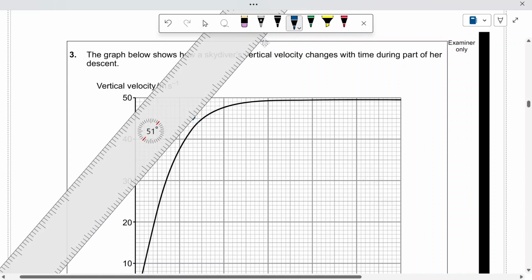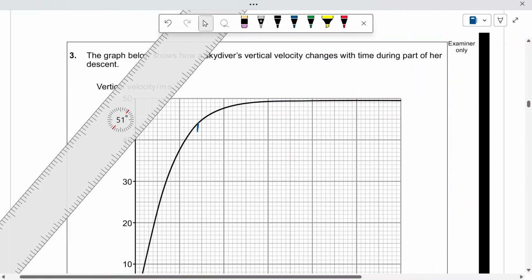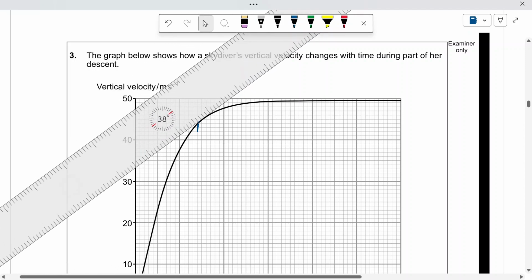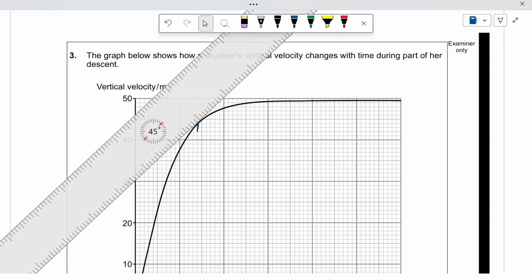So this is, oh no, here is the 7-second mark, I think. I would imagine the mark scheme is going to allow a little bit of leeway in terms of the gradient that you draw.